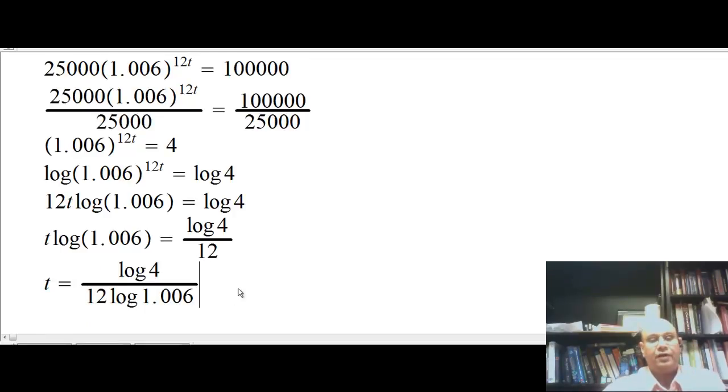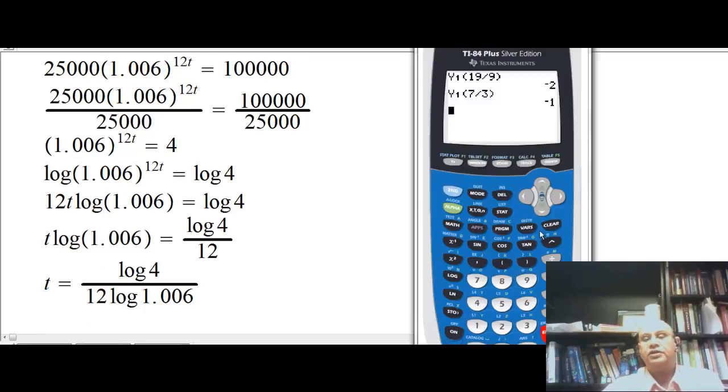I always go conservative and put a parenthesis around it: log of 4 divided by 12 times log of how much? Don't forget the other parentheses. No, I won't, thank you.